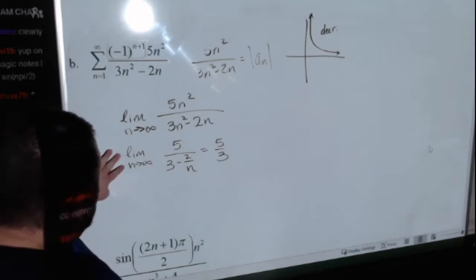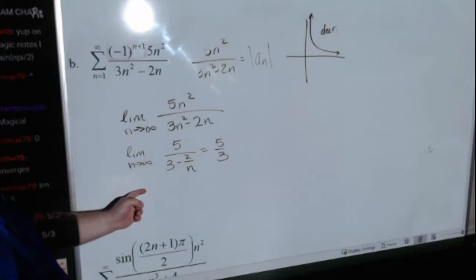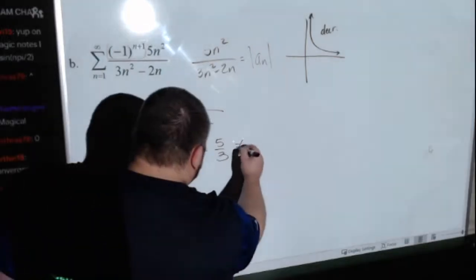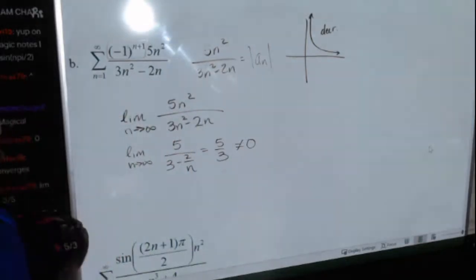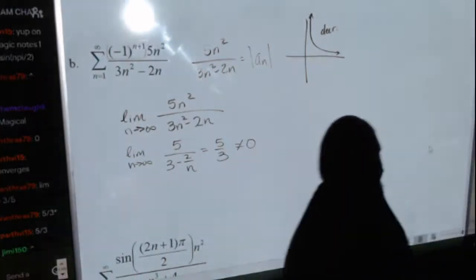Now remember, it said that the limit had to give us back 0. It does not do that. If that's the case, remember it says that we have to have both of the criteria.